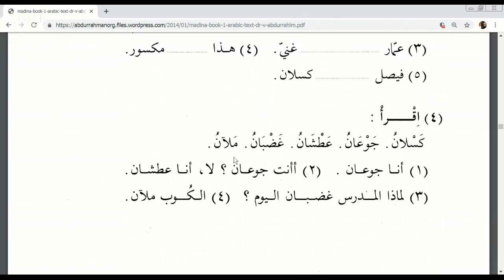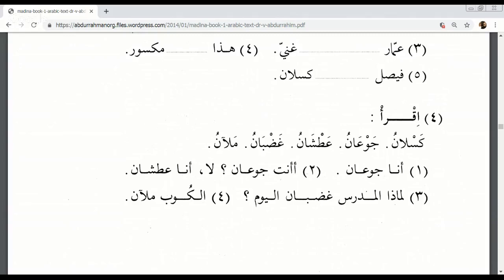And mal'anu means full. So lazy, hungry, thirsty, angry, and full. And you can see all of these words are more examples of mamnu' min as-sarf, of the words that do not end with tanween or kasra. Okay, so these are some more examples here you can see.